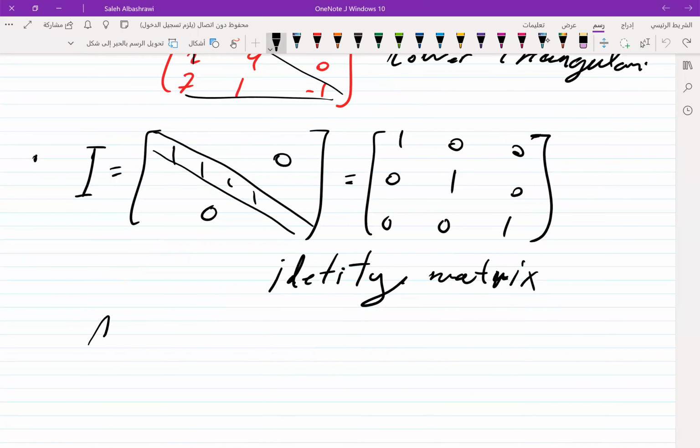And the identity, if you multiply by any matrix A, gives me the same matrix A. This is a special diagonal matrix, where all the entries on the main diagonal are equal to 1 and 0 everywhere else. We call this a diagonal matrix, and also it is known as the identity matrix.